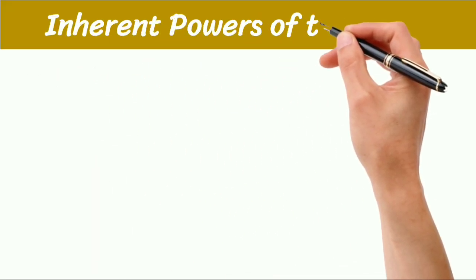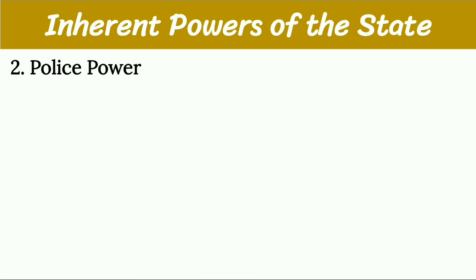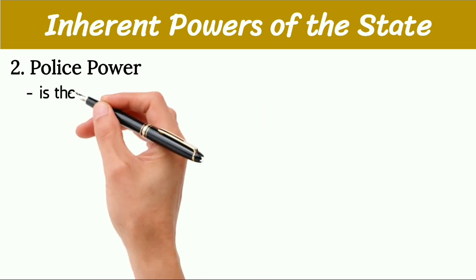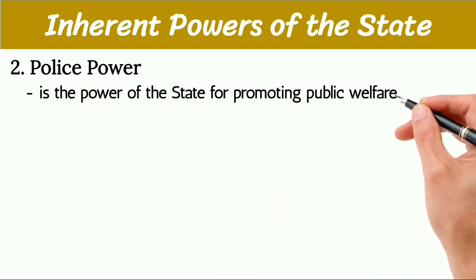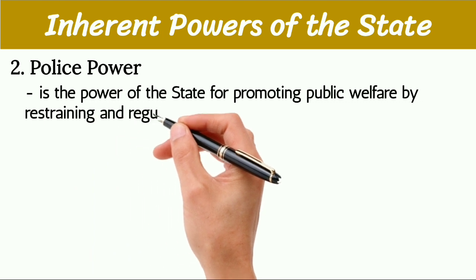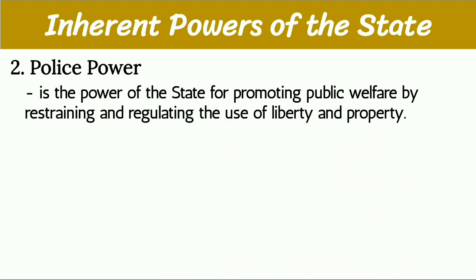The second inherent power of the state is the police power. Take note, hindi ito yung power ng policemen, hindi ito yung power ng police. When we say police power, this is the power of the state for promoting public welfare by restraining and regulating the use of liberty and property.